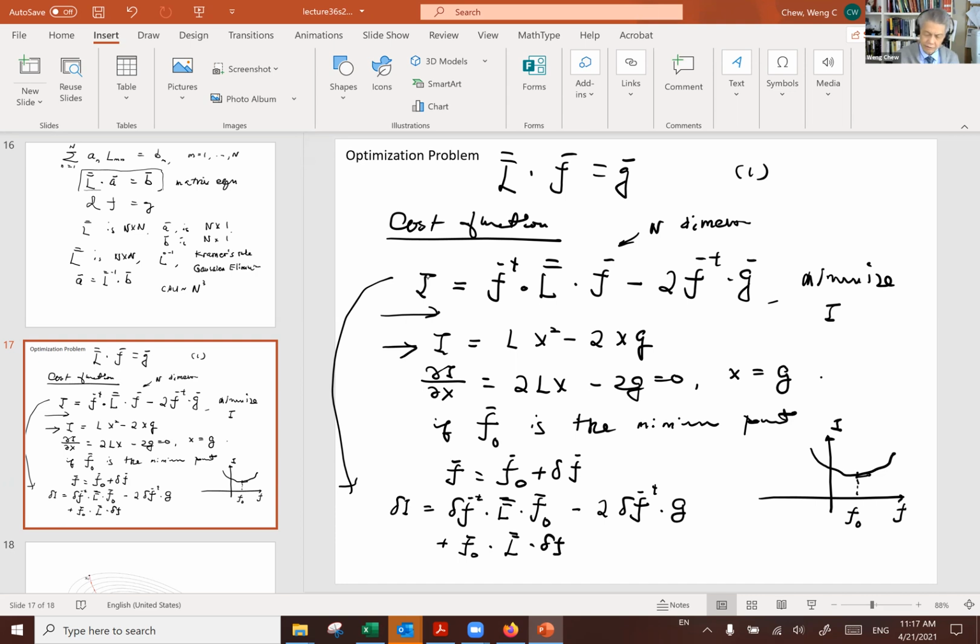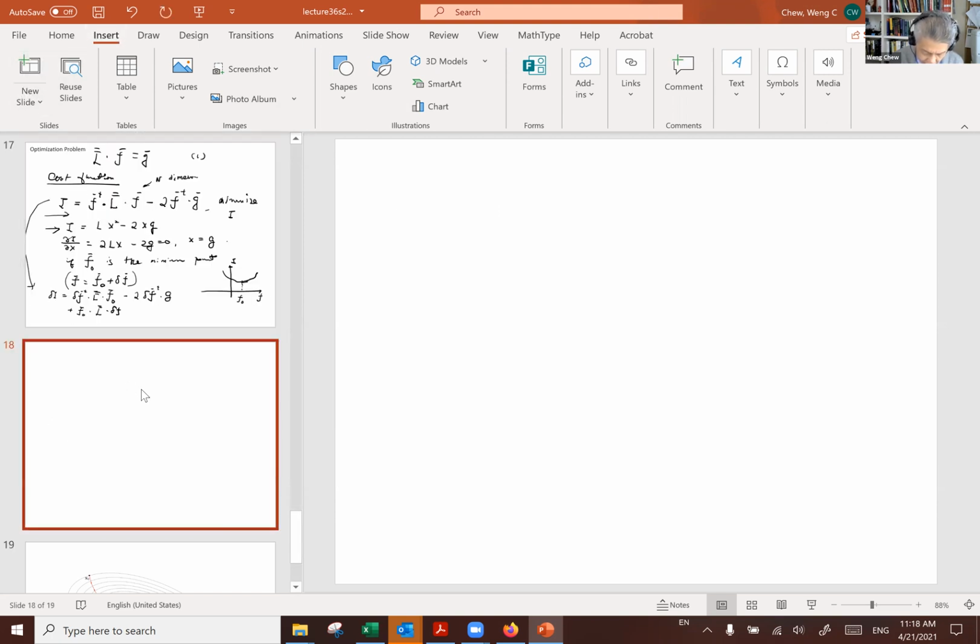Okay, so if I take the first variation, which is something you can learn in variational calculus, and if you are not comfortable with that, you just plug this back into the beginning and do expansion and then collect the leading order term and the second order term. You will get this equation. Since I don't have time to do the thing in great detail, I will just use my knowledge of variational calculus and write down the first variation for you immediately.